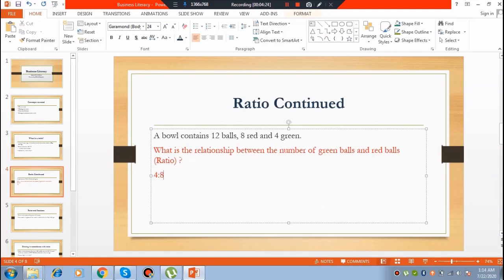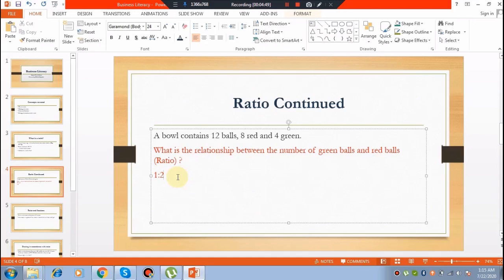You can also choose to simplify your ratio like this: 4 into 4, that's 1, and 4 into 8, that's 2. You've simplified your ratio into simpler terms.